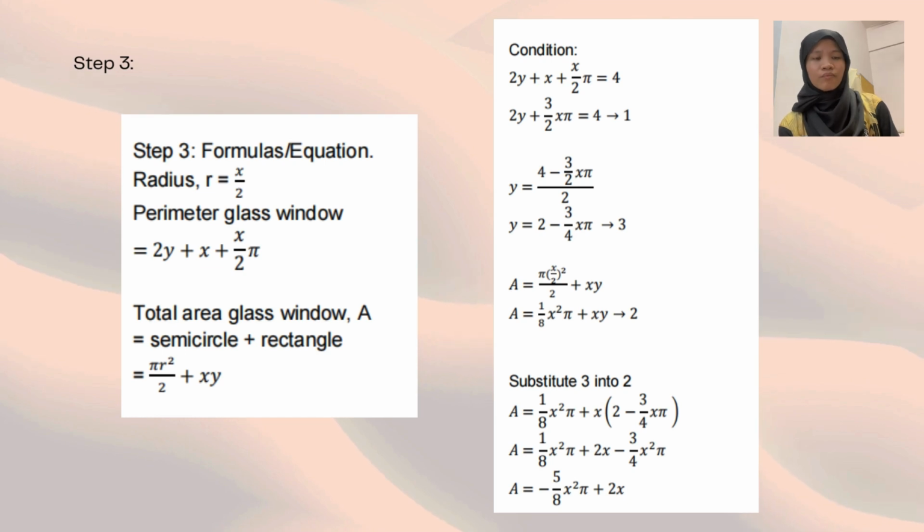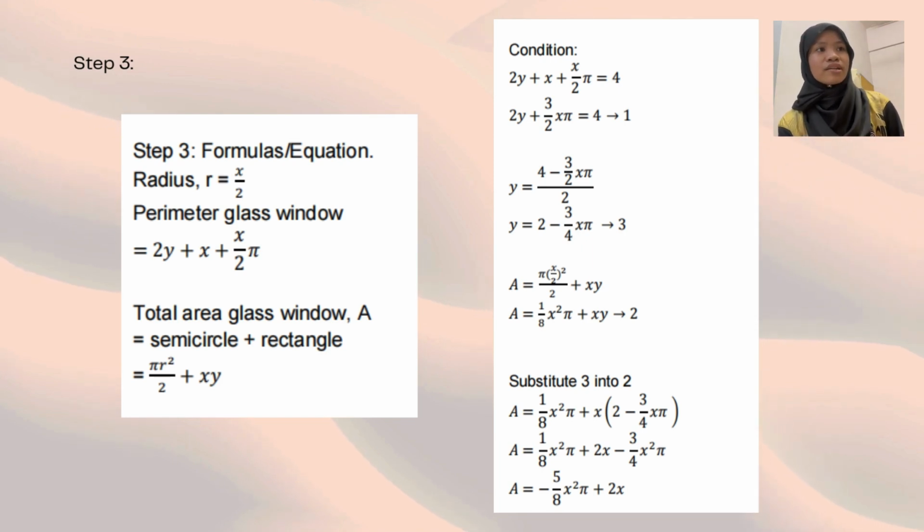But just now, I said that x over 2 pi can also be 1 over 2 x pi. So, I add it with the x, and now it has been simplified and it becomes 2y plus 3 over 2 x pi equal to 4. And that's our first condition.